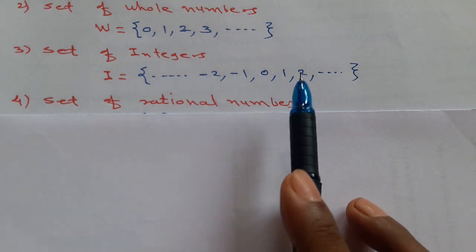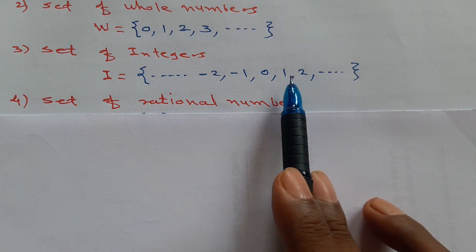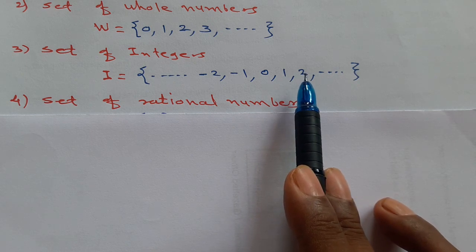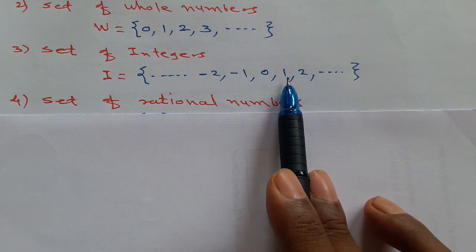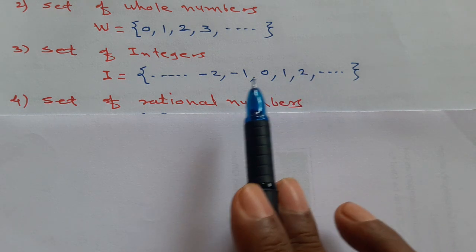Then suppose we take a division, 2 upon 1. Its answer will be 2, which is present here, but 1 divided by 2 is not present here.